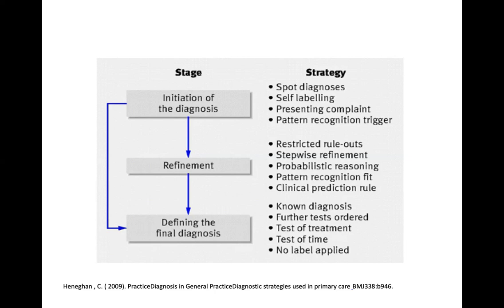Then I'm going to refine my ideas, okay? Remember we talked about somebody having aches and pains. Is this a general cold, or is it a flu? Do I have to think about flu? So I'm going to refine my diagnosis, and I'm going to do rule outs, and I want to do it in a stepwise fashion.